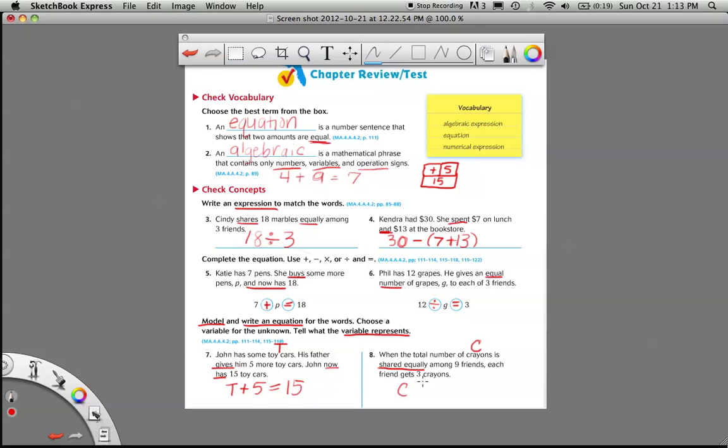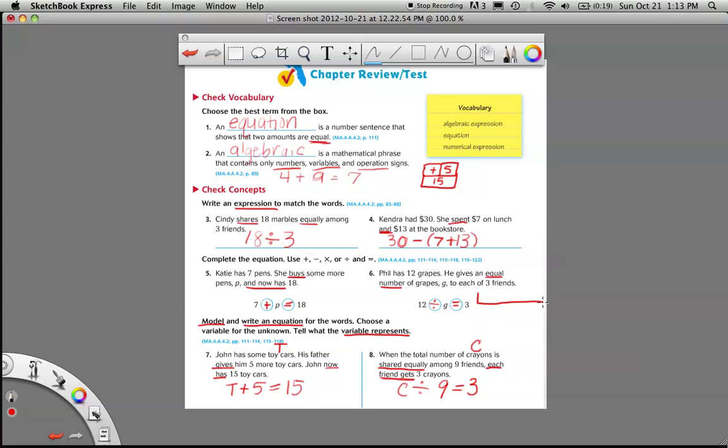So here's my C, and I've got to share it equally among 9 friends. Then each friend gets, after I do that math, equals 3 crayons. This is how I model C divided by 9 equals 3.